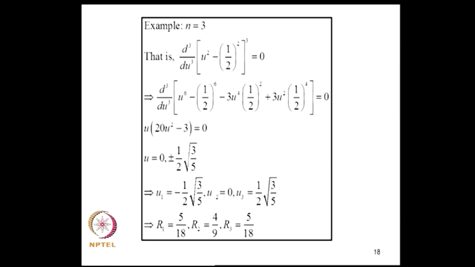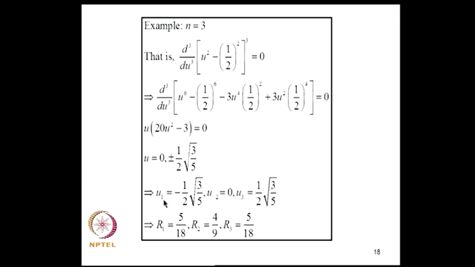Now, for example, n equal to 3, we have this, which is the rule according to which we want to evaluate. If you expand this for n equal to 3 and carry out this differentiation, I get this equation. It turns out that the roots of the equation are u equal to 0 and plus minus half square root of 3 by 5.